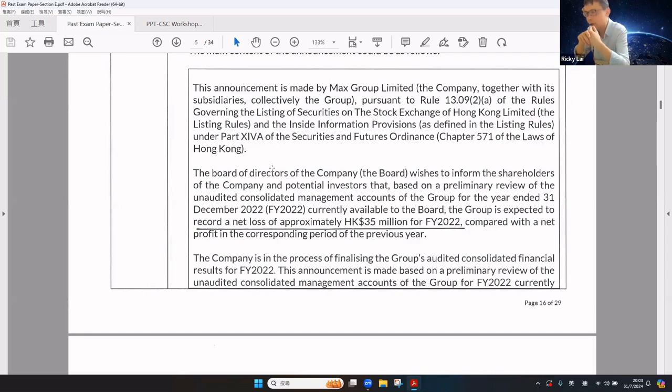Then the second paragraph, the directors wish to inform the shareholder and potential investor that based on the preliminary review of the unaudited consolidated management account for the year end 2022, currently available to the board, the group is expected to record a net loss of approximately blah, blah, blah for 2022, compared with a net profit in the corresponding period of the previous year.